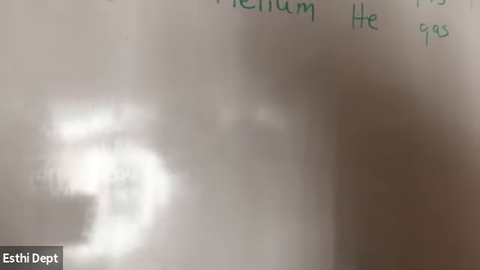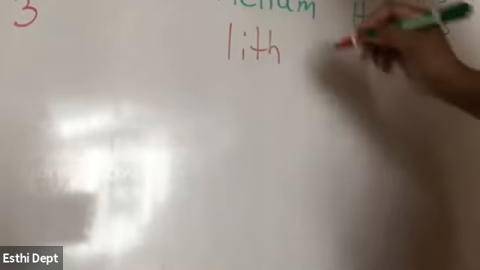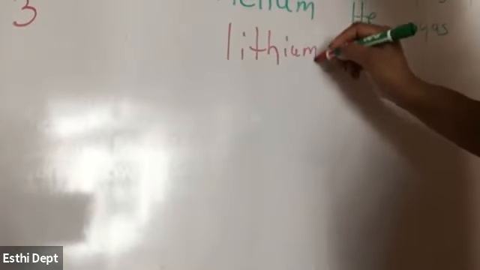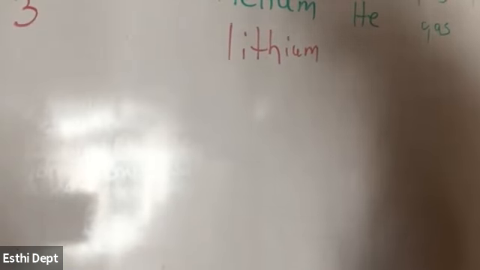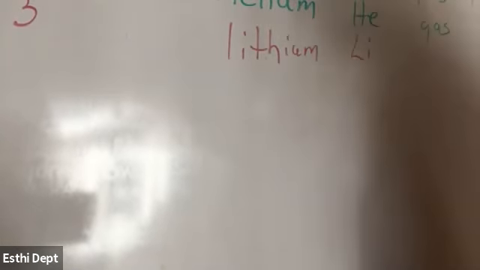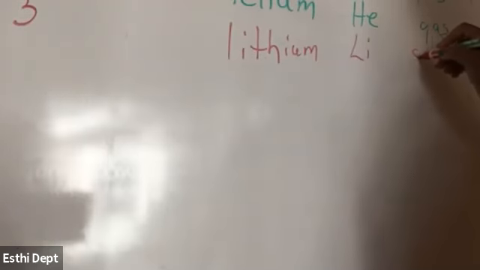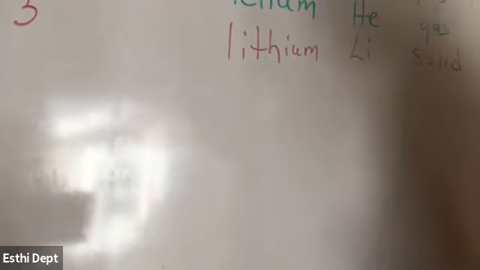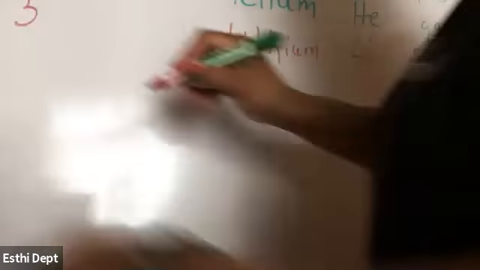Lithium will fall under the atomic number 3. And the symbol is Li. And the category is solid. It's a solid matter. Six is carbon.